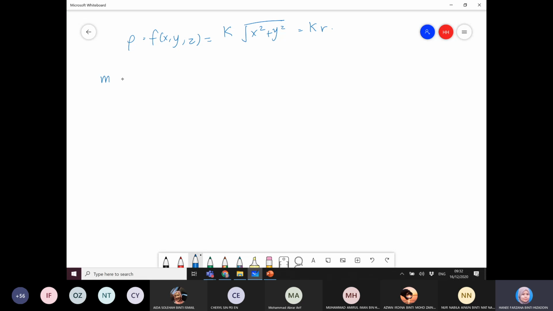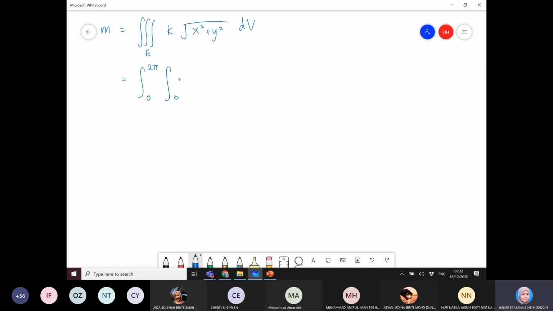Now you want to find the mass. Mass equals the triple integral over the solid E of k times the distance r, dV, but you want to convert it into polar coordinates. So theta from 0 to 2 pi, r from 0 to 1, and z from 1 minus r squared to z equals 4.